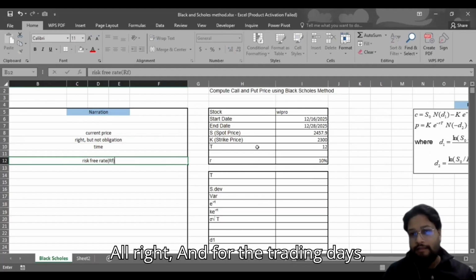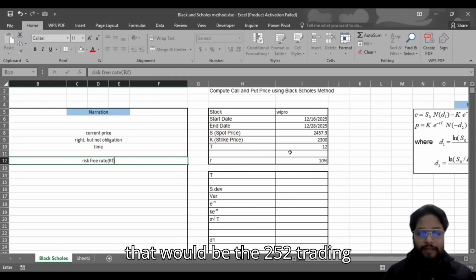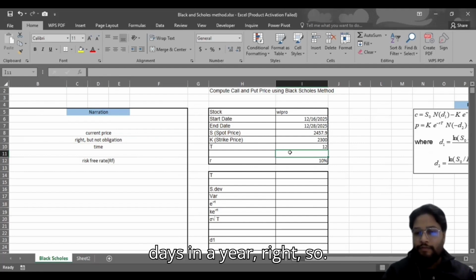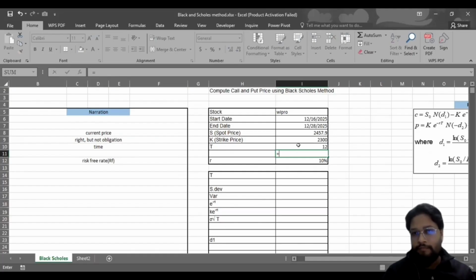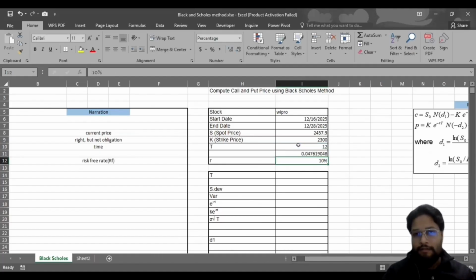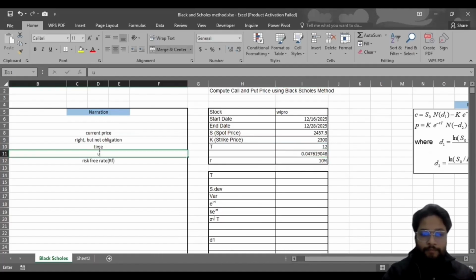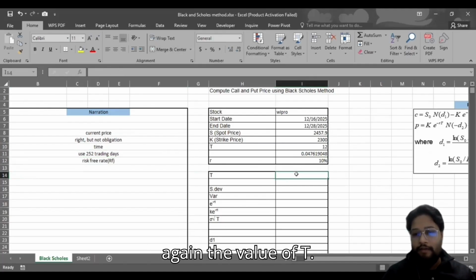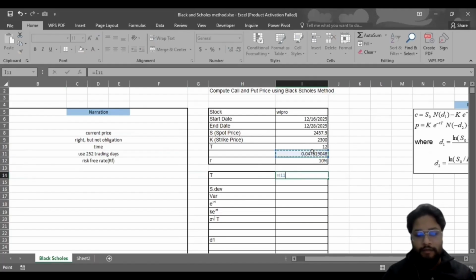For the trading days, there are 252 trading days in a year, so 12 months divided by 252 days. Use 252 trading days.